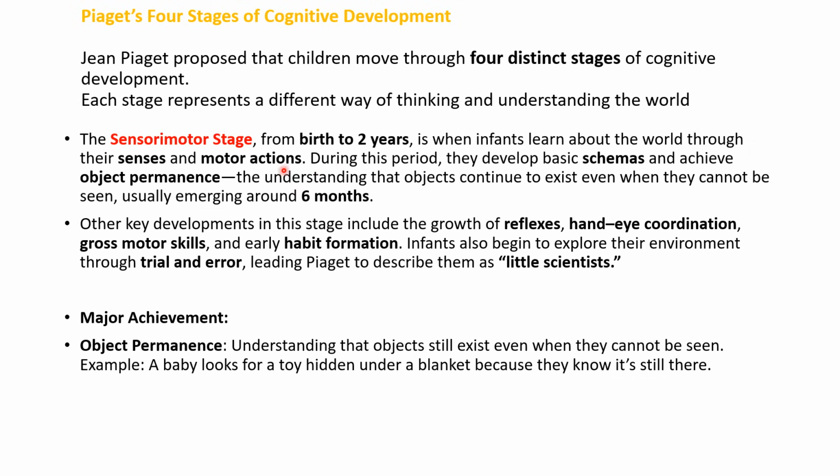In this period they develop basic schemas and achieve object permanence. Now, what is object permanence? That is the understanding that objects continue to exist even when they cannot be seen, usually emerging around 6 months.